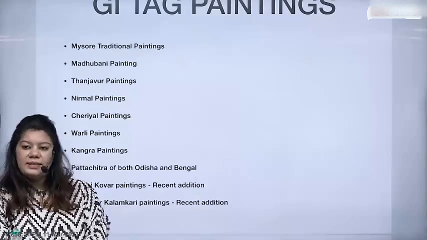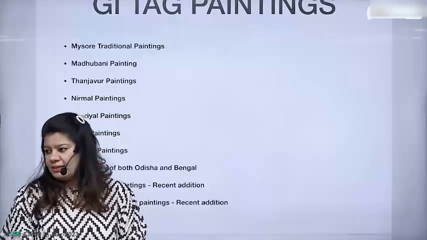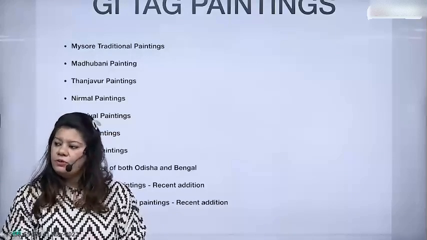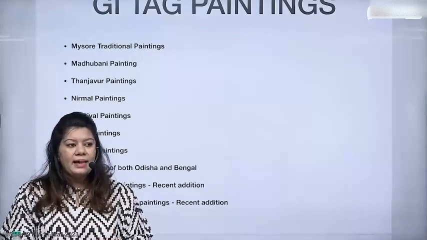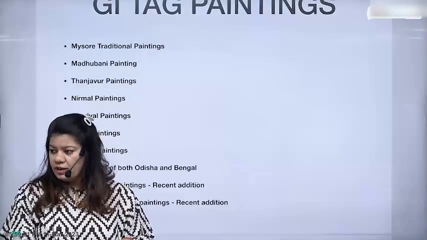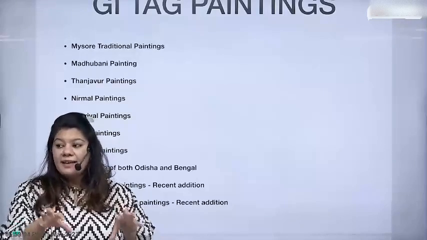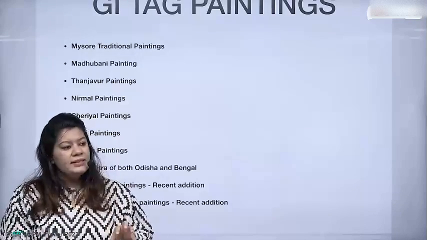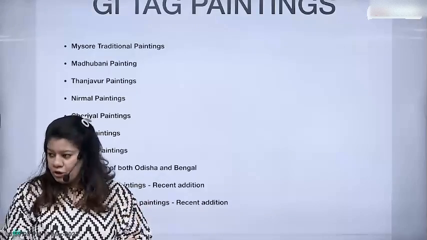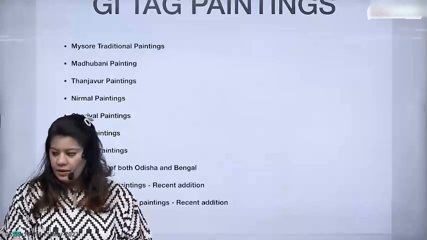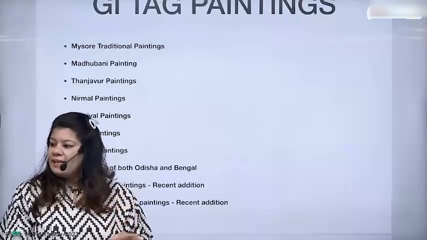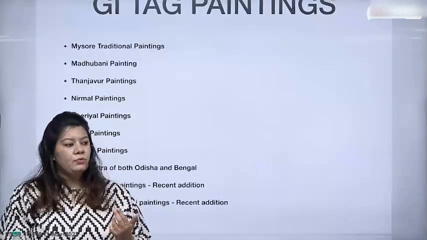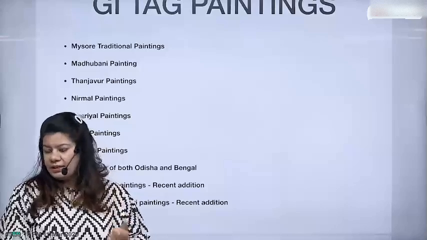I'll tell you. You understand what is GI tag? GI tag is a geographical indication tag given to a commodity or a product. Now, what does it imply? It implies that that particular region is home to that particular product or is having a kind of a niche to develop that product, right? Now, your question is, how can a GI tag be given for the same thing to two different states?